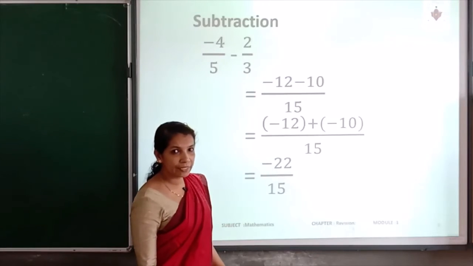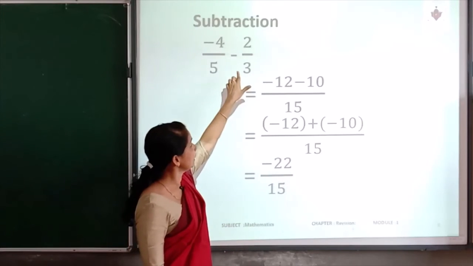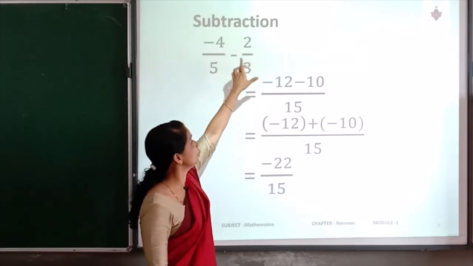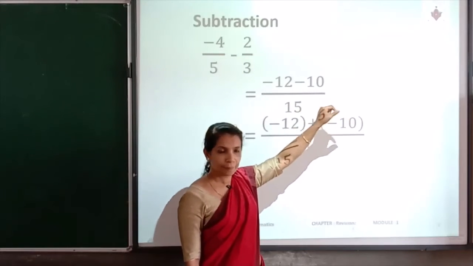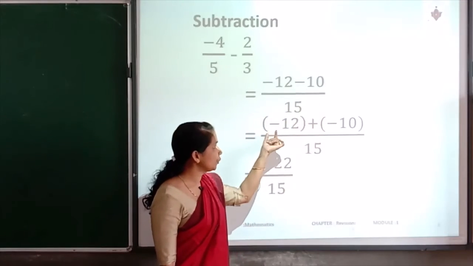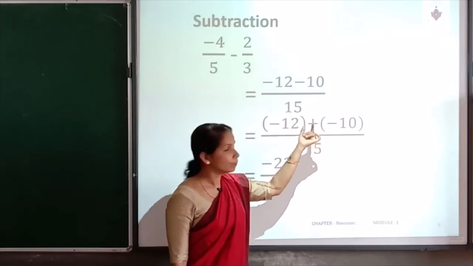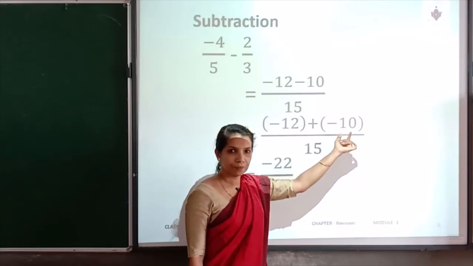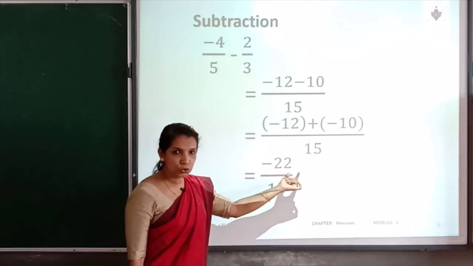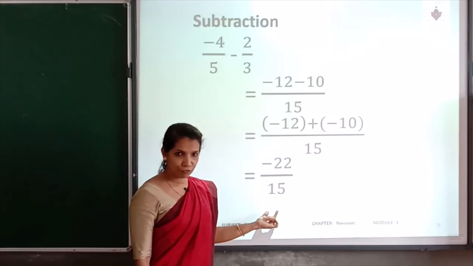Next denominator is 3. 3 into 5 is 15. Multiply that 5 with 2. 5 into 2, 10. Then negative 12 minus 10 means negative 12 added to the additive inverse of 10. That is minus 10. Negative 12 plus negative 10 is negative 22 by 15.